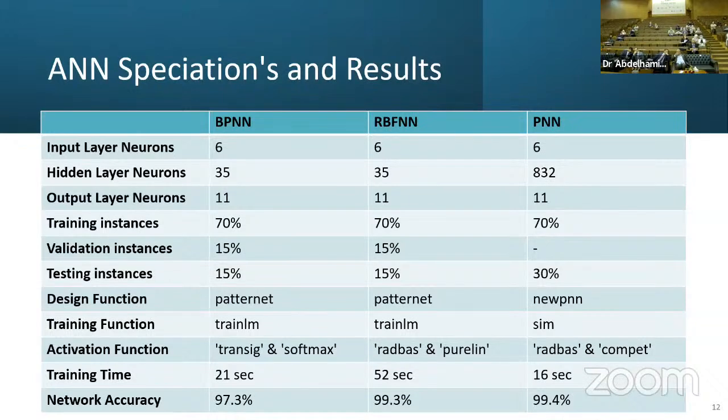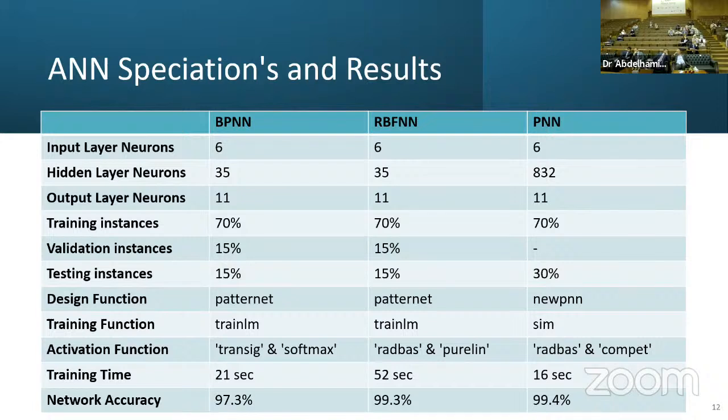All the models provide an output with 11 neurons. For data partition, we randomly allocated 70% of the data for training, 15% for validation and 15% for testing, except for the probabilistic neural network. It doesn't contain a validation step, so the remaining 30% were allocated for testing.